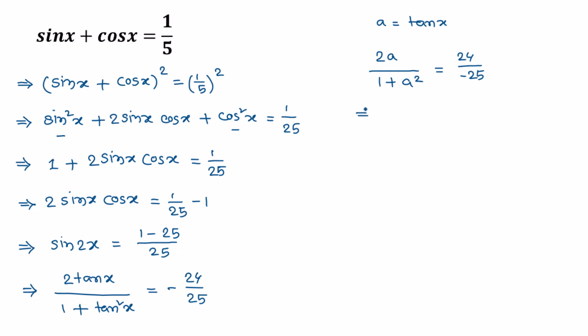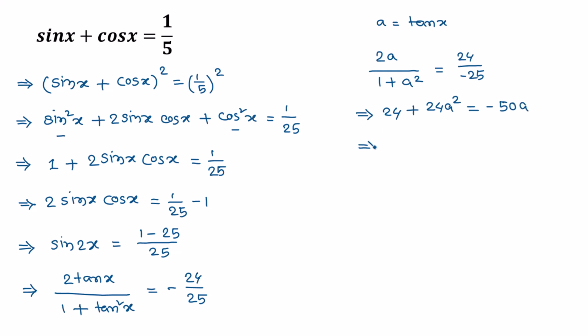Applying cross multiplication, we can write 1 plus a square times 24 is equal to twice a times negative 25. So 24 times 1 is 24, plus a square times 24 is 24a square, is equal to twice a times negative 25, which is negative 50a.